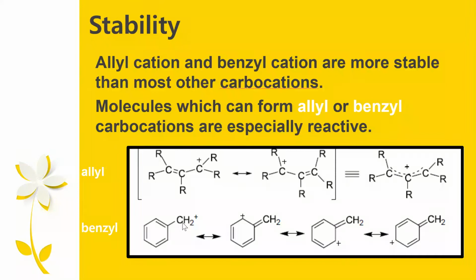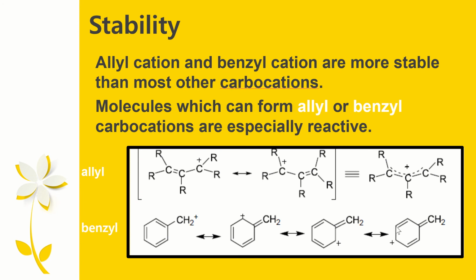And in a similar fashion here with benzyl, if we have a carbocation here on the carbon that is bonded to the benzene ring, right? So that's why it's benzyl. This carbocation is also resonance stabilized. And if we were to start to draw our resonance structures, we'll draw an arrow from the double bond to form a double bond here, and a plus charge would be generated on this carbon as we see here.